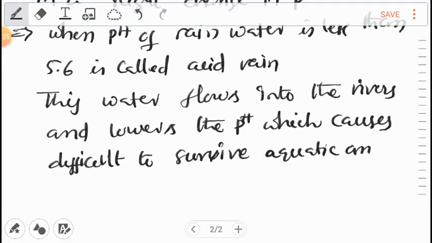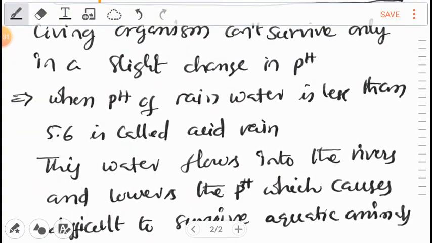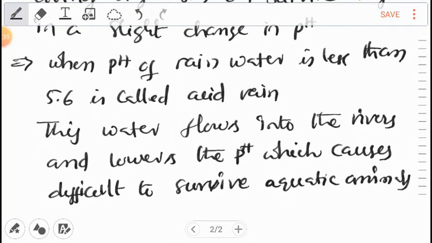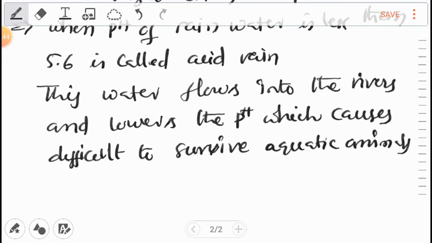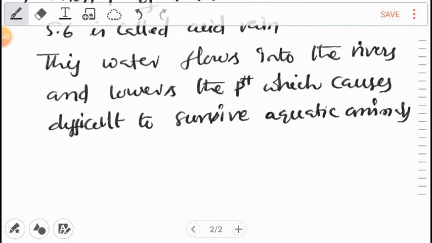So we can write in our own words like this. If the pH value is below 5.6, we call it acid rain. When the pond or river pH is changed, aquatic animals face difficulties to survive.